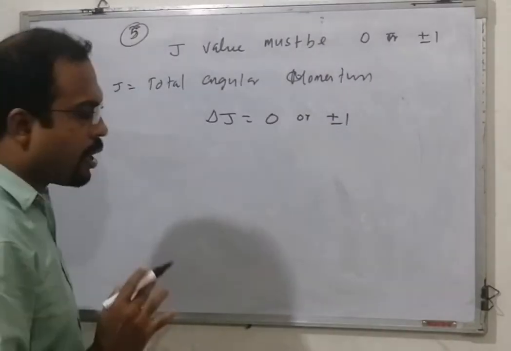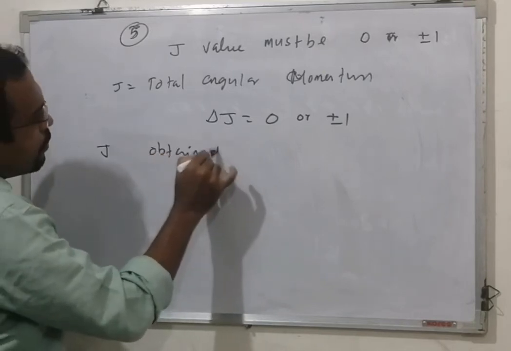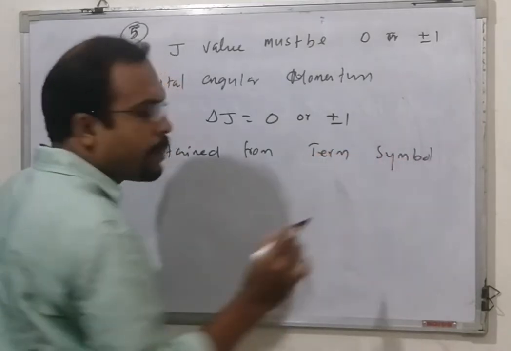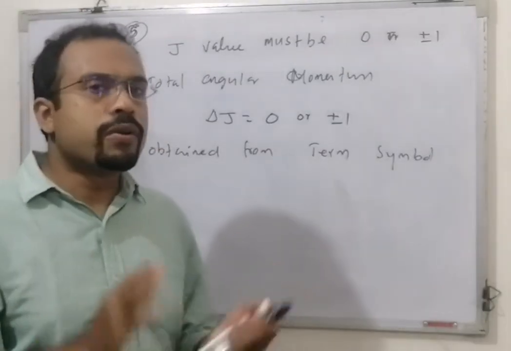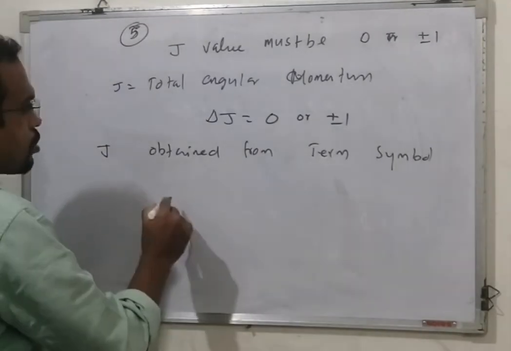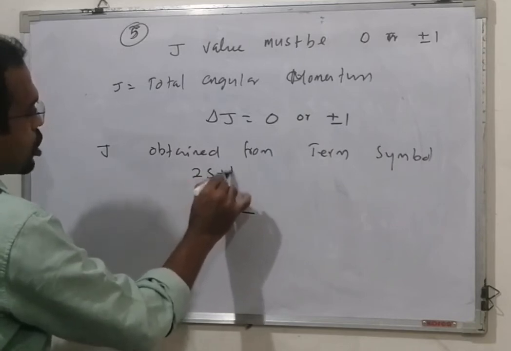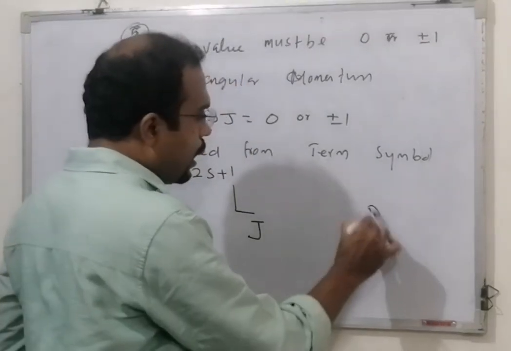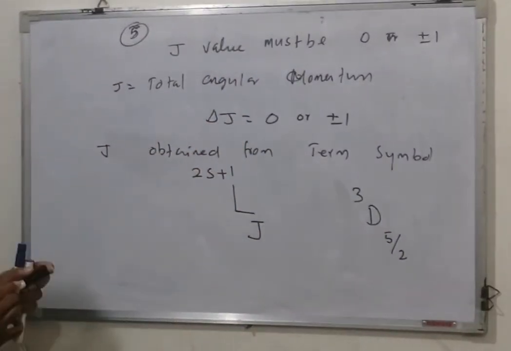How do you get the J value? The J value is obtained from the term symbol. A term symbol is a method of representing the state of an atom or molecule in a given electronic level. We will discuss it in future. A term symbol looks like this: L with superscript 2S plus 1 and subscript J. One example is D3 5/2. This is a term symbol.